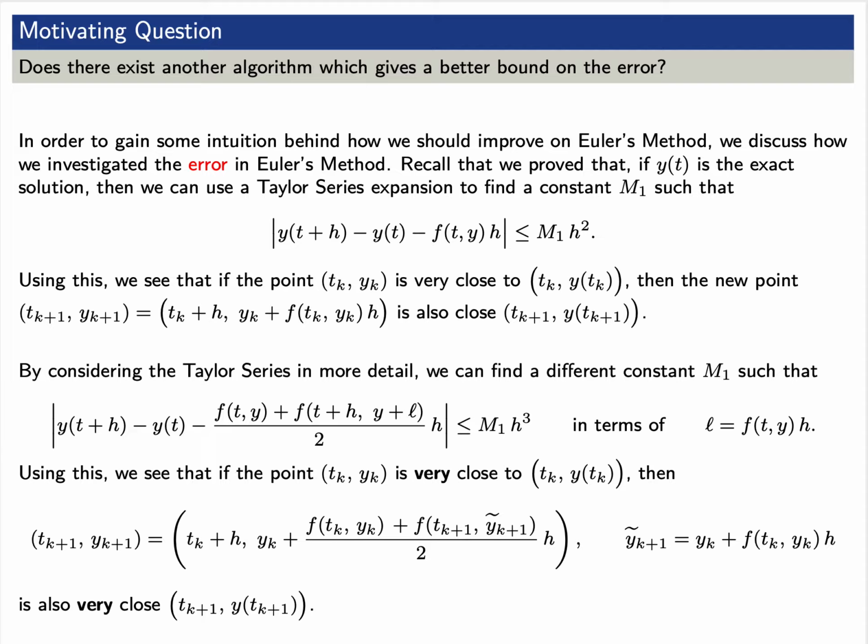Here, y tilde is the value yk + f(tk, yk) times the step size h.